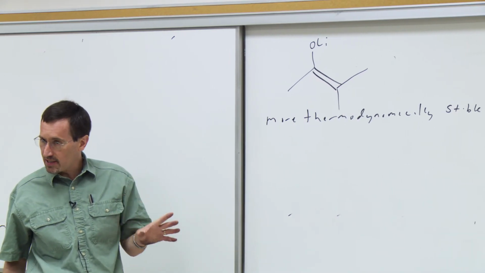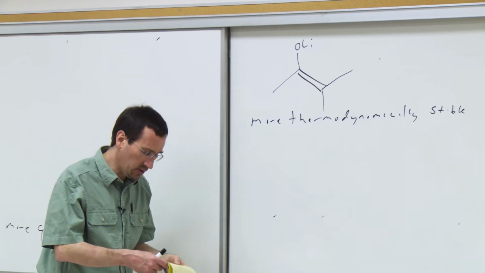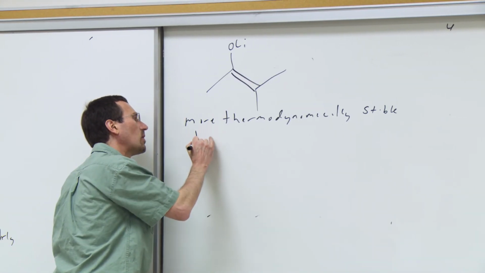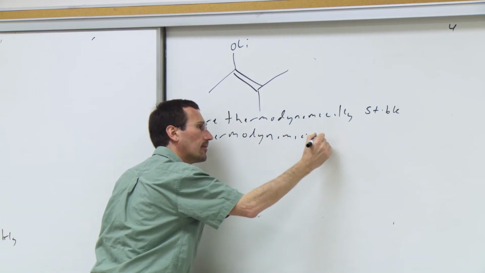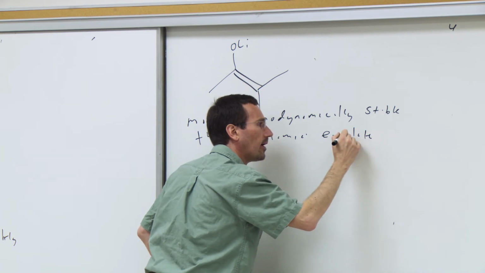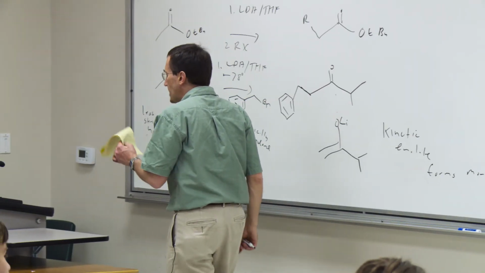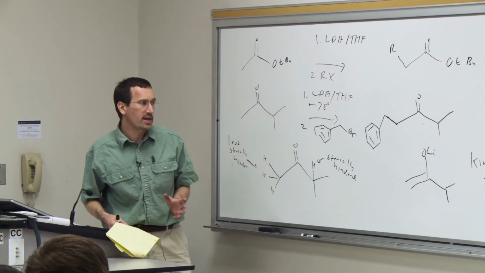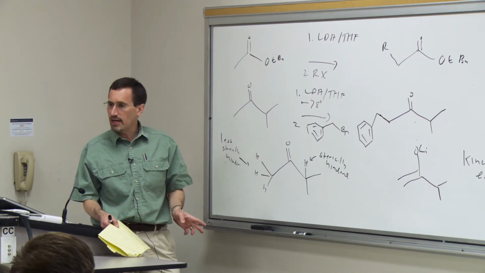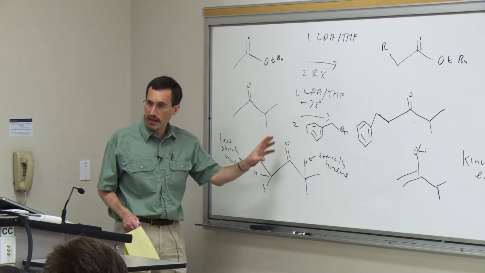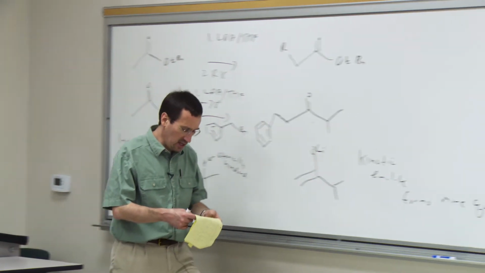In general, less substituted alkenes, more reactive, more substituted alkenes, more thermodynamically stable. So this is what is called the thermodynamic enolate. And as you might expect, if we can generate the enolate under equilibrating conditions, then we can generate the thermodynamic enolate and go ahead and get its product and control the regiochemistry of the reaction in the other fashion.